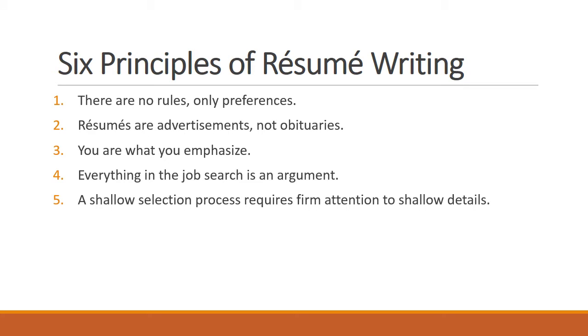The fifth principle: a shallow selection process requires firm attention to shallow details. So here's one of the facts of life about hiring. Usually in the first round of selection, jobs can have 50 to 100 to 200 applicants.